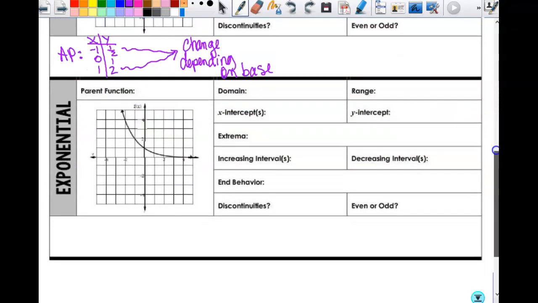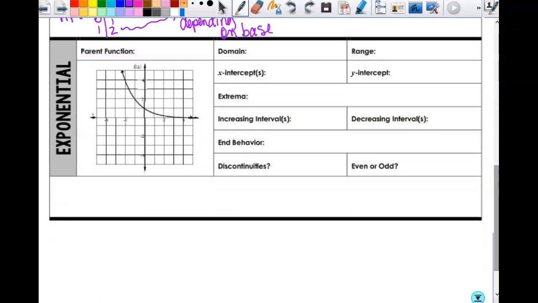If it is exponentially decreasing, it is less than 1 but greater than 0. So f of x would be equal to 1/2 to the x power. And that 1/2 has to be in parentheses, because if you don't put it in parentheses, it's going to look like 1 to the x power over 2, which is just 1/2. Okay, so make sure that if you have a fraction, it's in parentheses.